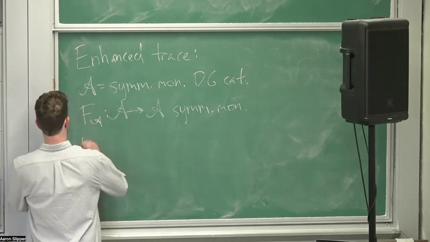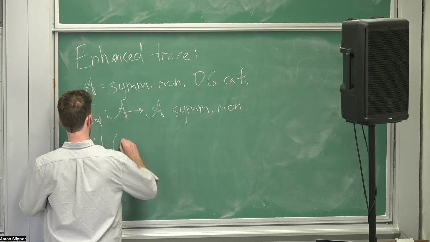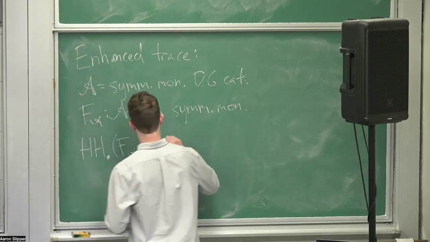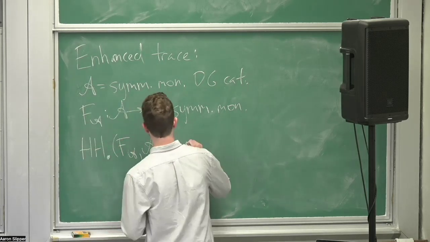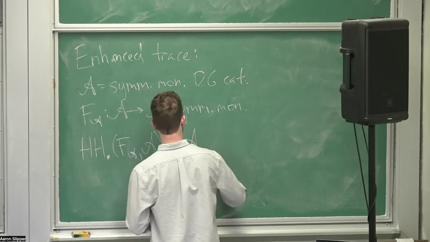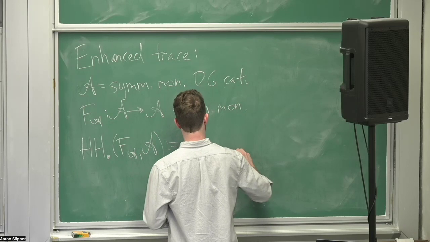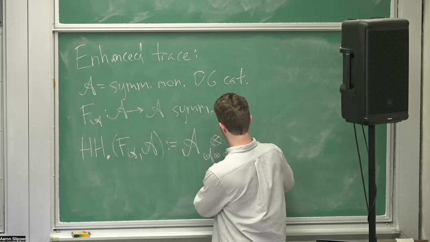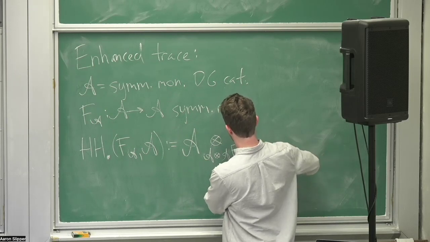Then I can define the topological chains of A twisted by F. It sounds scary, it's complicated. So what I do is I take the tensor product of A as a bimodule over itself with itself. But for this second factor, I twist one of the module structures by F.